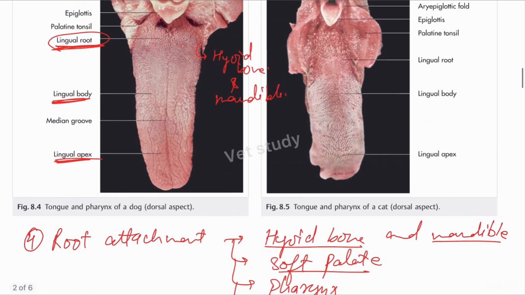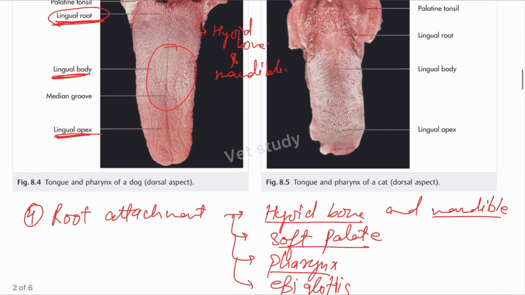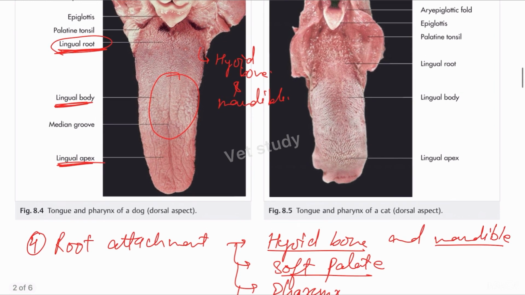So let's talk about the dorsal surface first. The dorsal surface is free. As you can see, this is the body, and this is the dorsal surface. It is free, and it is known as the dorsum linguae. This terminology is very important. This term can be asked in your exam.